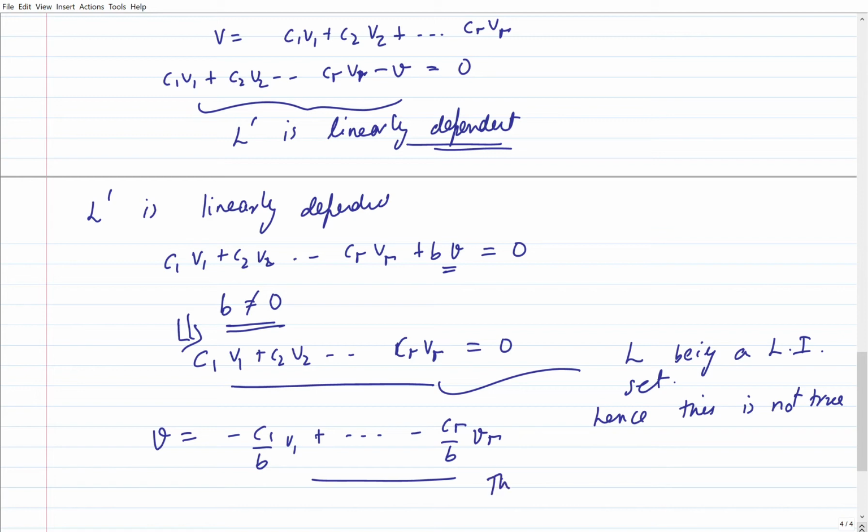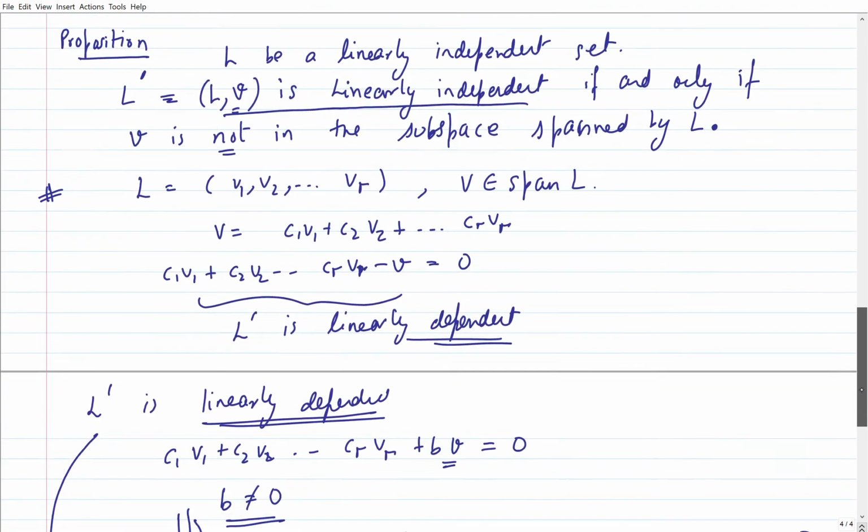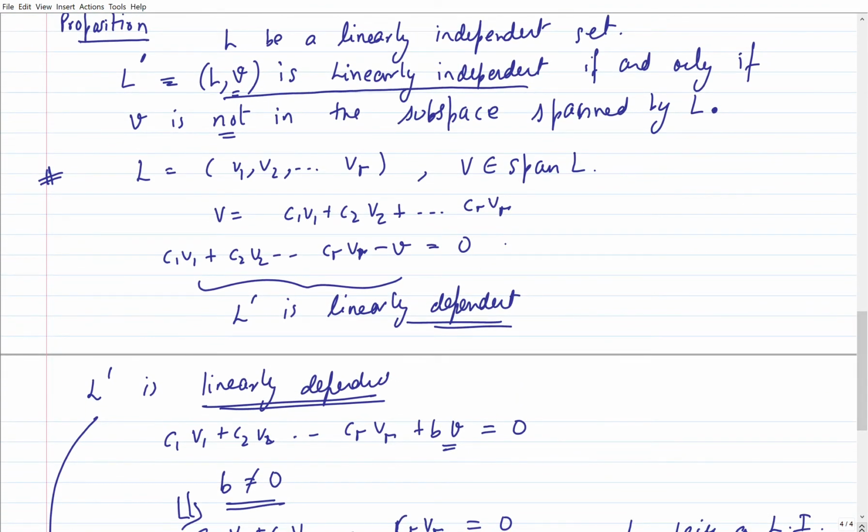So thus, V is in the span of L. So if I start with L prime being linearly dependent, then it necessarily implies that my vector V is in the span of L. And if V is in the span of L, then I can also show linear dependence.